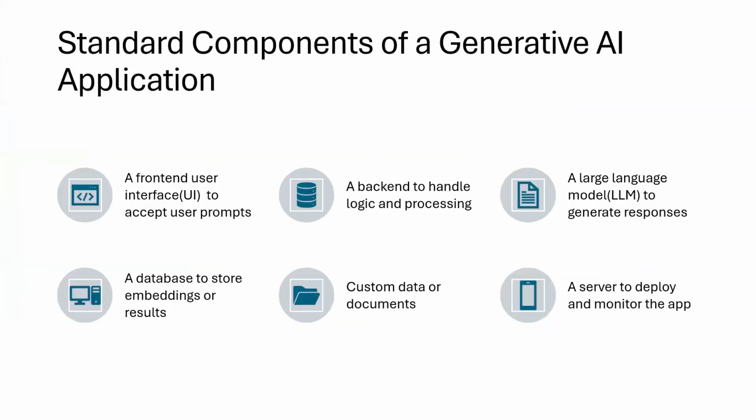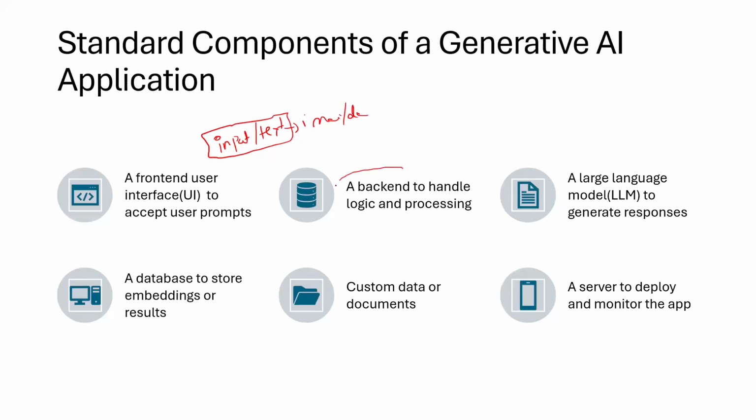The standard components: how does a generative application work? The first one is the front-end user interface. How does it look? The way ChatGPT accepts the input prompt, you are writing the input. It could be in the form of text, image, a data set, or files.